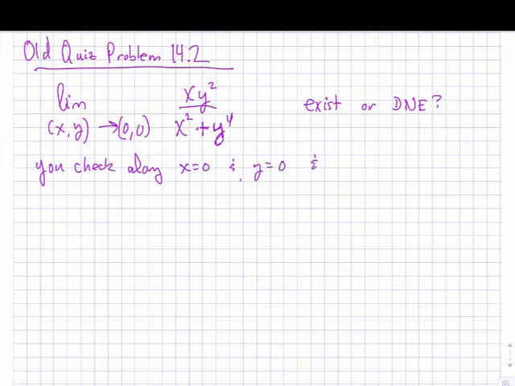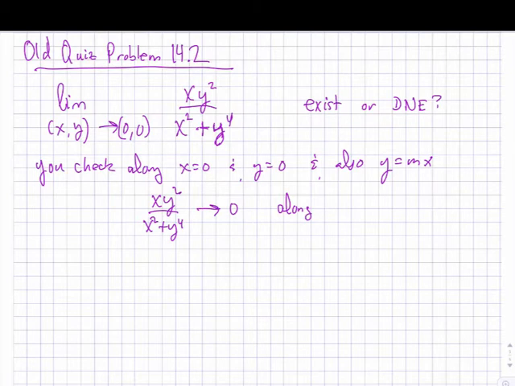And also, you can actually show for any line through the origin of the form y equals mx, all those limits are going to be 0 along every path. So we'll have there that xy squared over x squared plus y to the fourth approaches 0 along all lines through the origin.